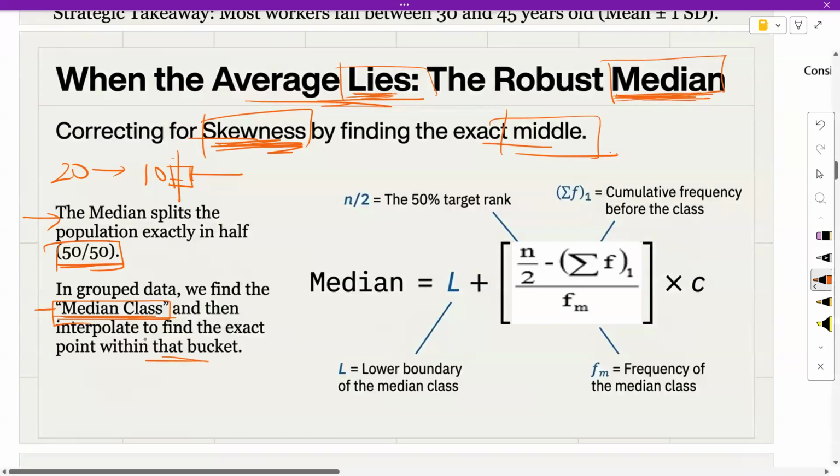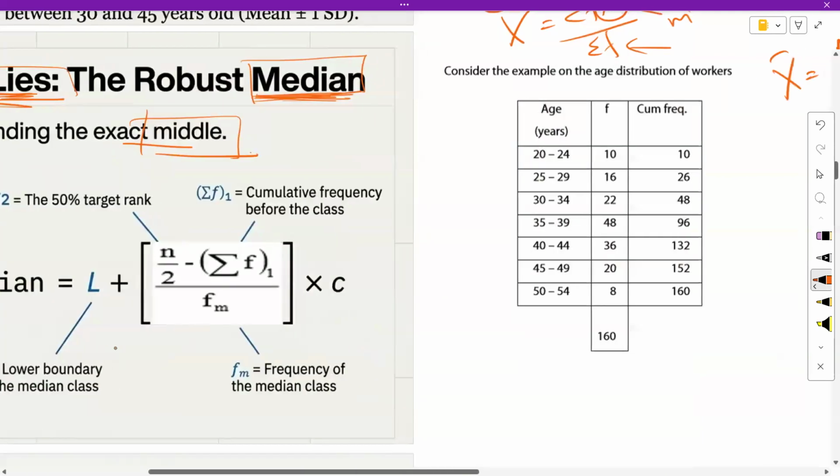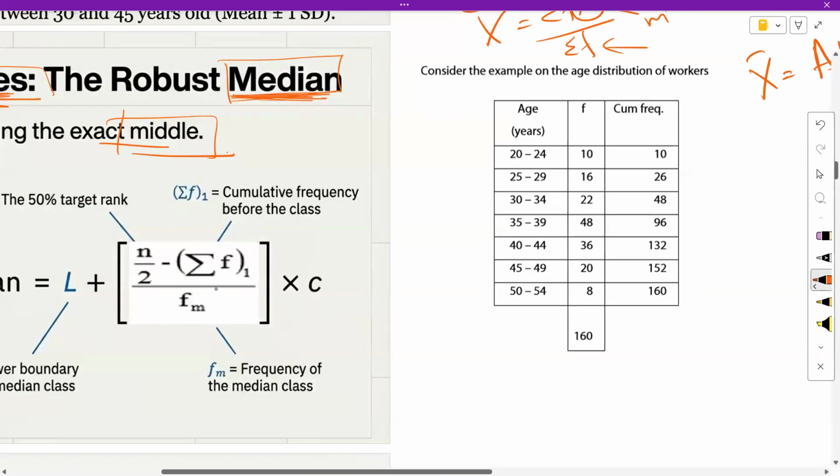So first we locate the median class. Within that median class, we have to find the exact value. For example, here is a data set of the age distribution of workers, where x is age in years, given in classes.